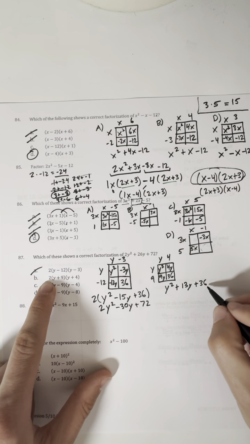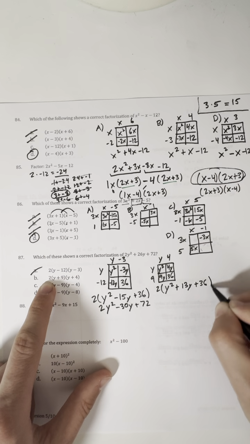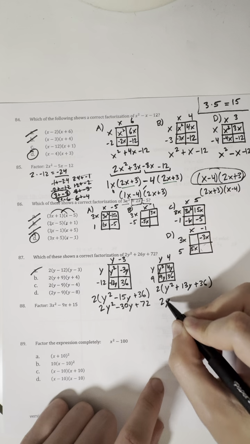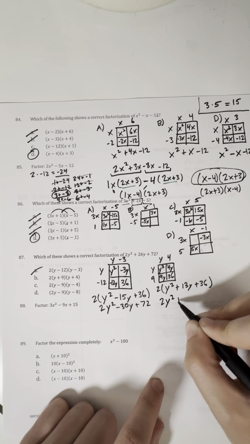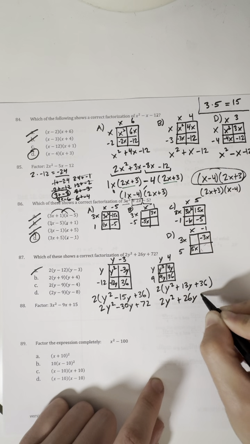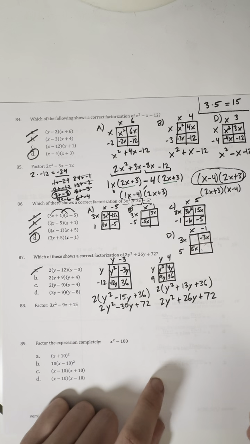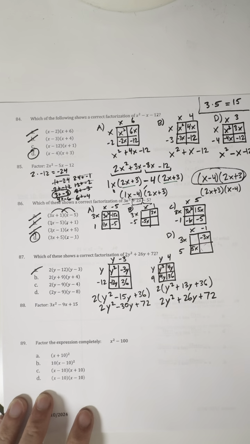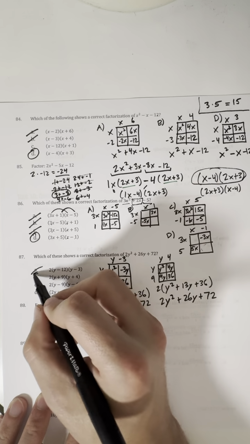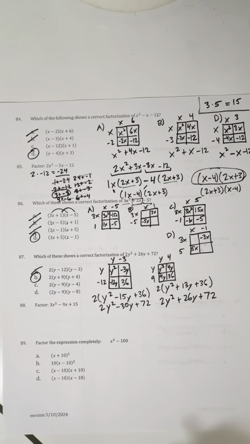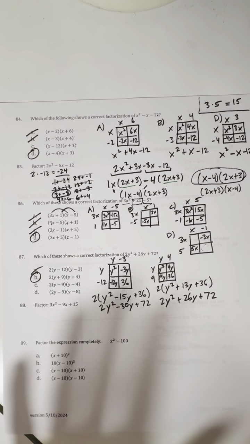And again, it's multiplied by 2 out front, so all of this is times 2. So I get 2y squared plus 26y plus 72, and oh, thank goodness, I got what I wanted. So B is correct. If you had all the time in the world, you could check C and D to make sure they're wrong, but on an exam, you really don't always have all the time in the world, so maybe we call it good there.